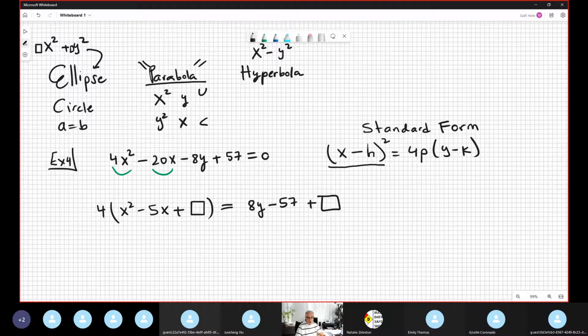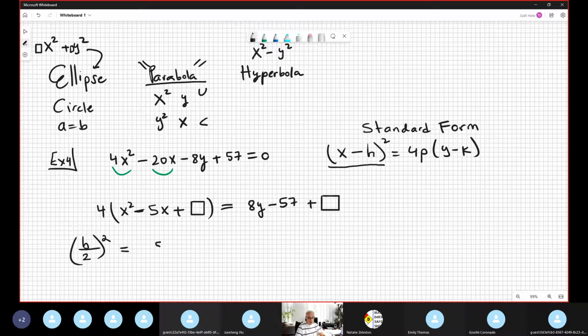And by the way, this box is a similar box, depending on this. No? And now remember the formula. The formula is b divided by 2, squared. Remember, I don't care the sign. The sign is not important.